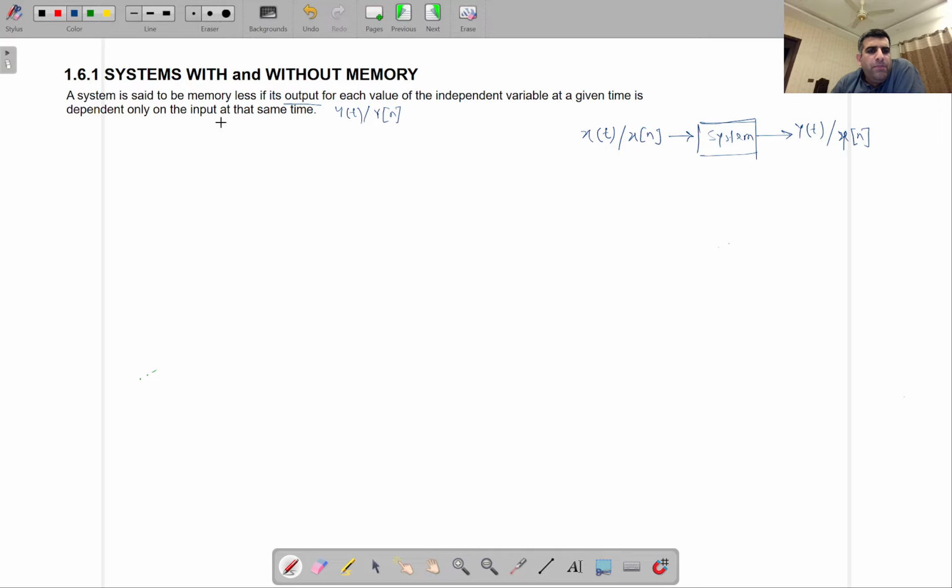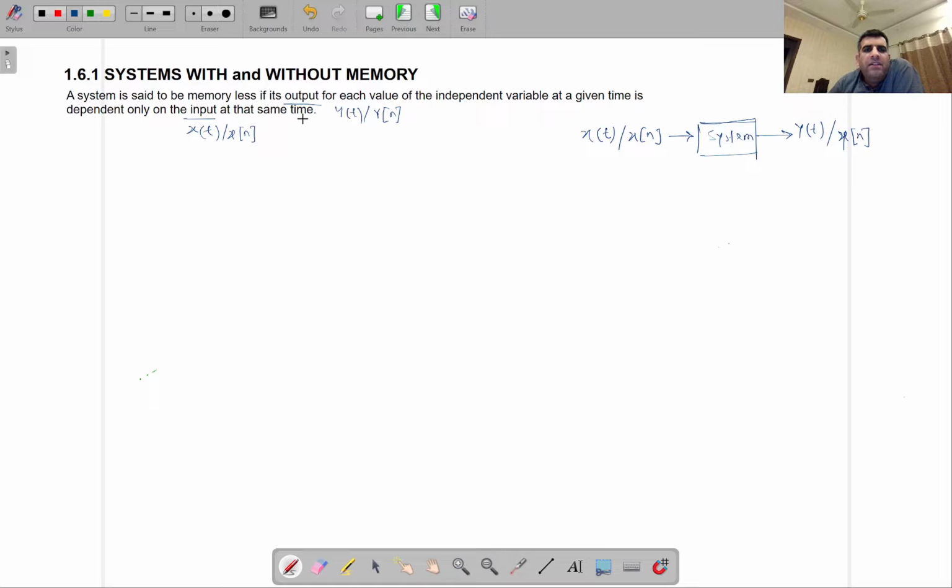And for the input, we are going to use the variable x of t or x of n. Here t is basically the time and n is the number of the sample. These are the independent variables, t and n, in the continuous time and discrete time domains.